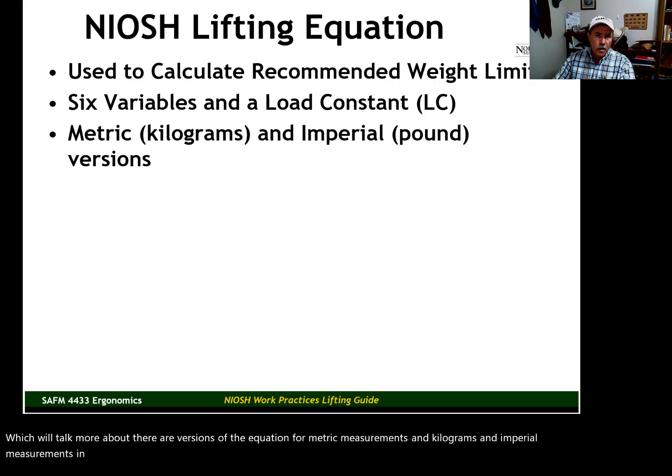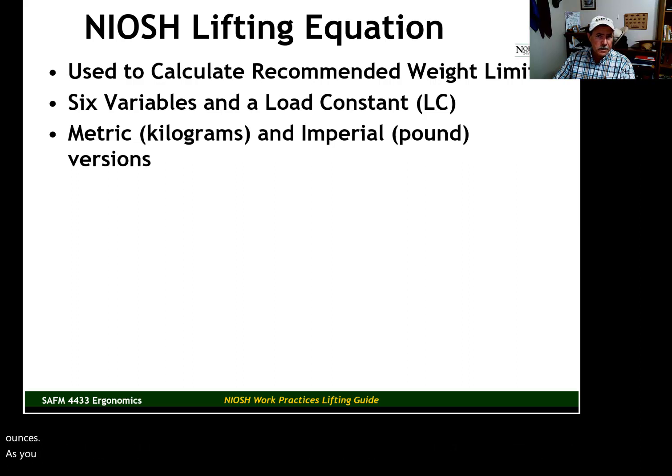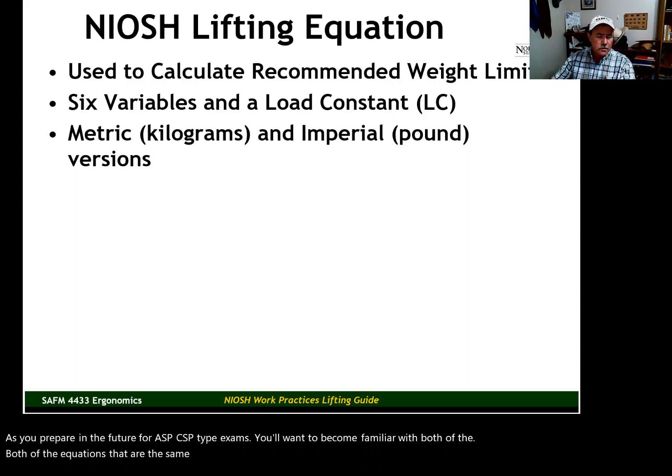We will only be talking about the imperial, since in the United States we still use pounds and ounces. As you prepare in the future for ASP, CSP type exams, you'll want to become familiar with both of the equations. They're the same equations, just some of the numbers are changed around.